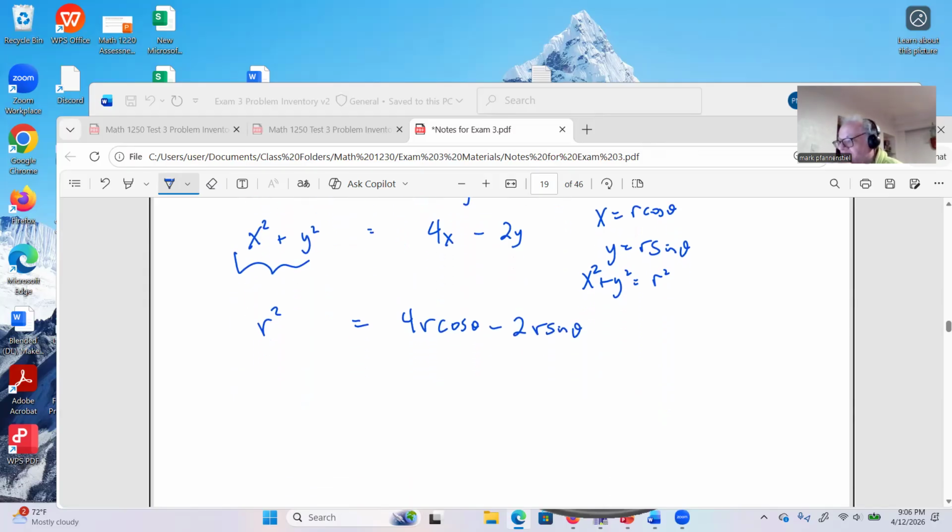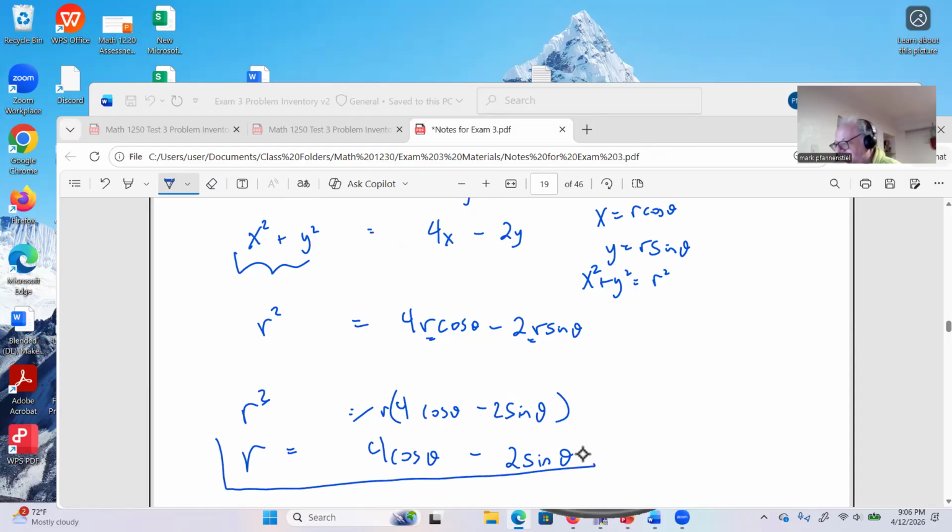Notice that both of these terms have an r in it. We're going to pull that out. So we have r squared equals r times 4 cosine theta minus 2 sine theta. We'll put the r on the outside here. We'll cancel an r on both sides. So we're going to say r is equal to 4 cosine theta minus 2 sine theta.